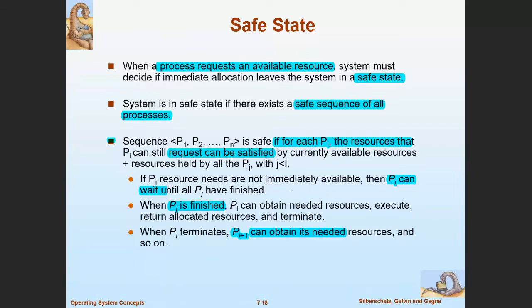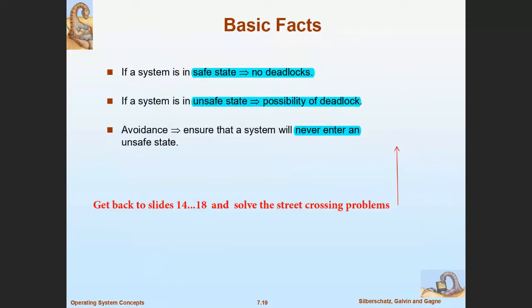You will see it in detail in the Banker's algorithm. If the system is in a safe state, there is no deadlock for sure. If the system is unsafe, there is a possibility of deadlock. So avoidance means we never enter into an unsafe state.